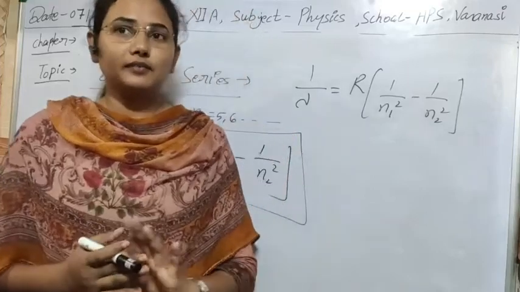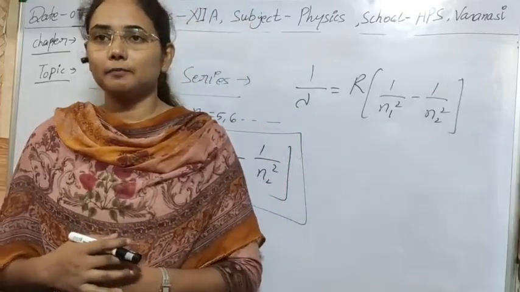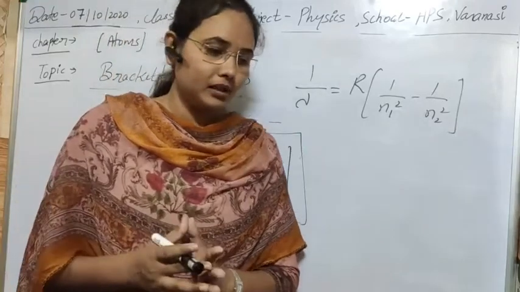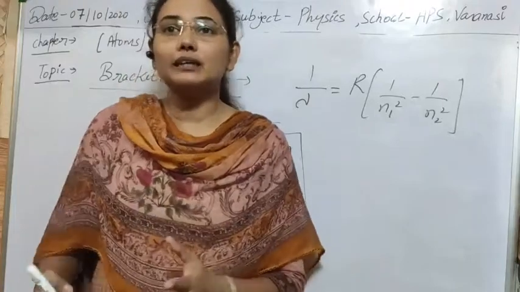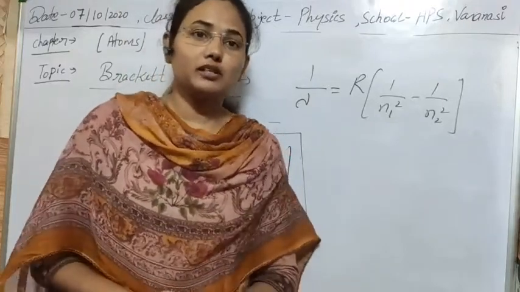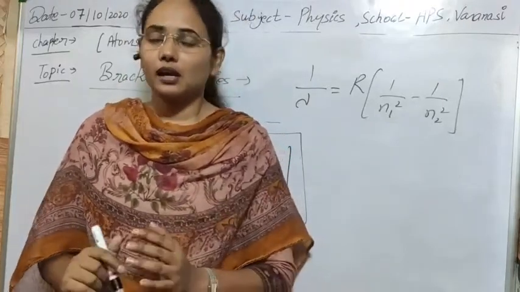In earlier classes we have studied the Bohr model of the atom and other atomic models and their drawbacks, why we need the Bohr model, and what the postulates of the Bohr model were.